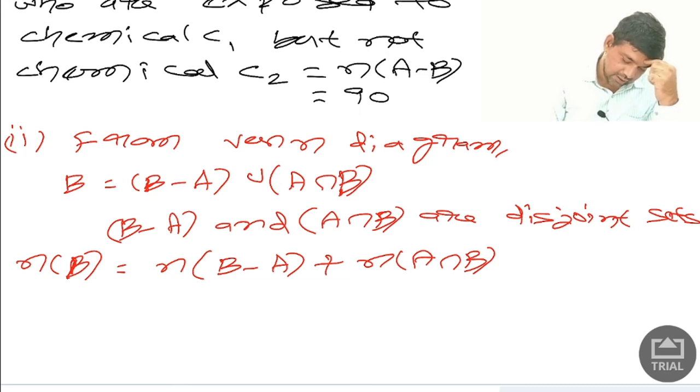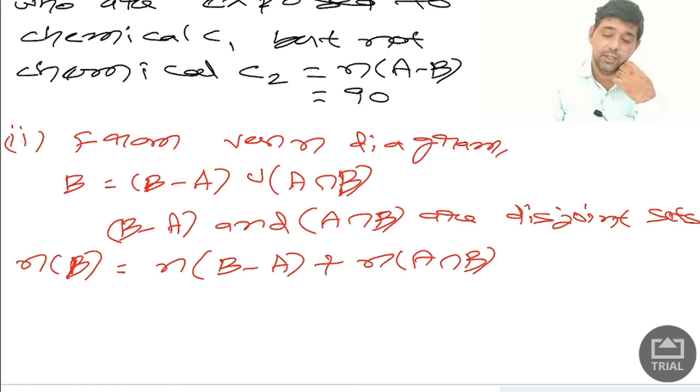So this implies N of B minus A is equal to 50 minus 30, therefore N of B minus A is 20.